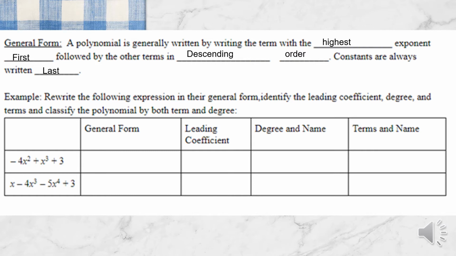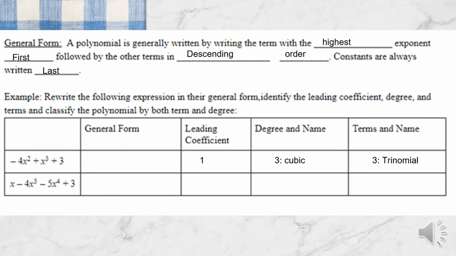The second highest is the degree of 2, and then the last one is the degree of 0. So if I were to write this in general form, I would have x cubed minus 4x squared plus 3. My leading coefficient is the number in front of the term with the biggest exponent, so that's a 1. We already said the degree was 3, and we call that a cubic, and the number of terms was also 3, we call that a trinomial.